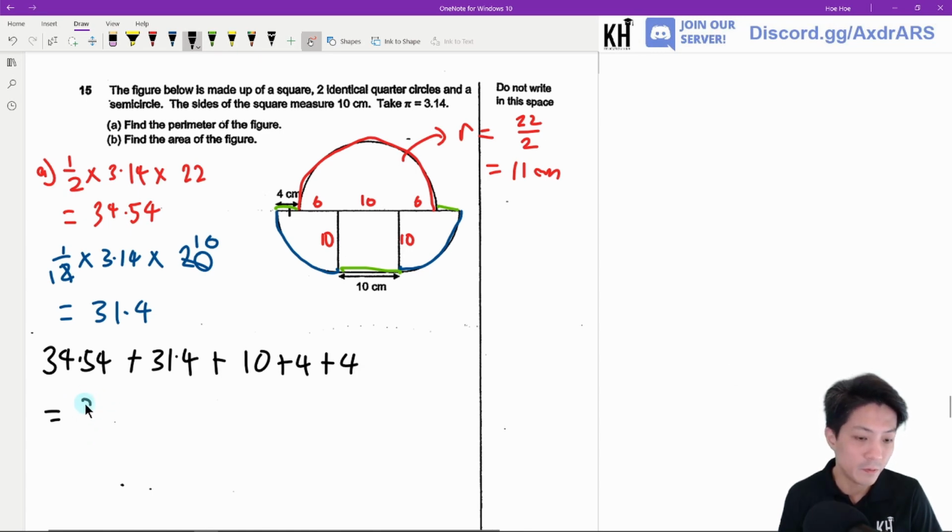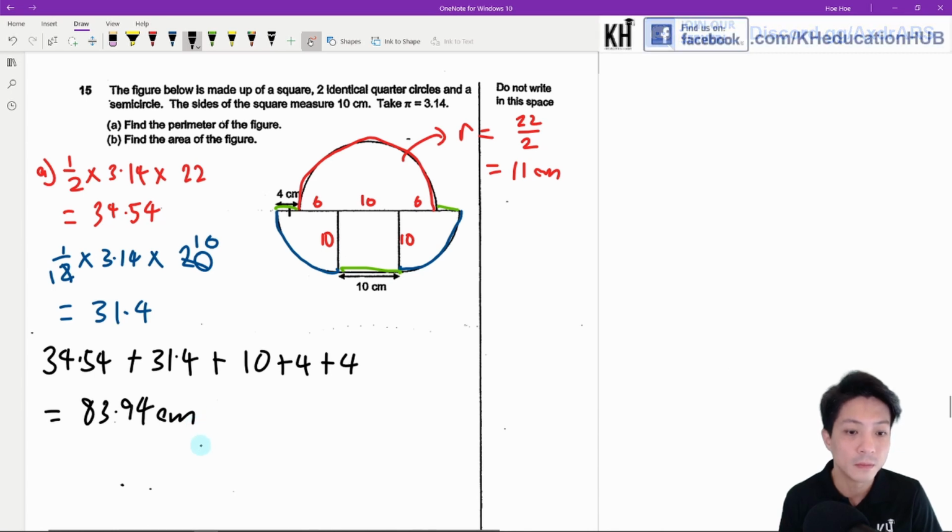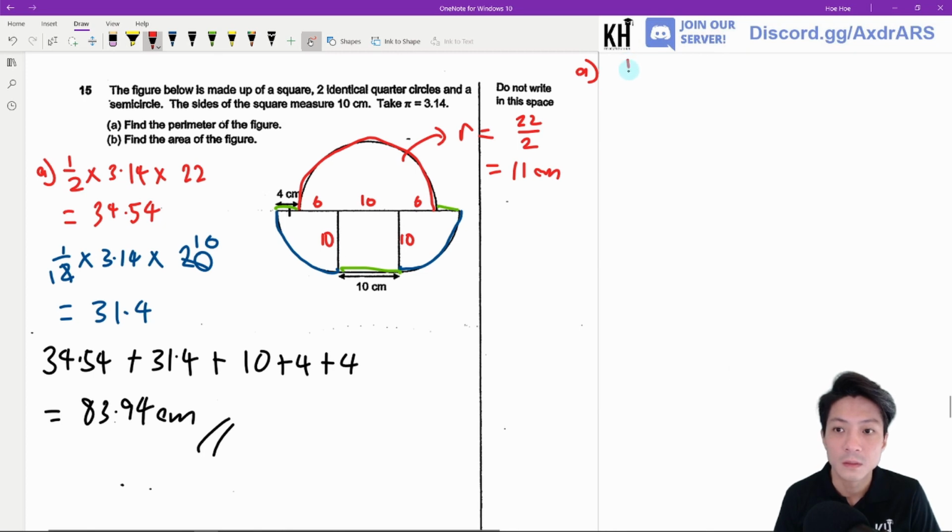Okay, that will give me 83.94 cm. Okay, this will be the answer for part A. Part B, find the area of the figure. Okay, so I'm gonna find the area of the semicircle, half times pi times r square.